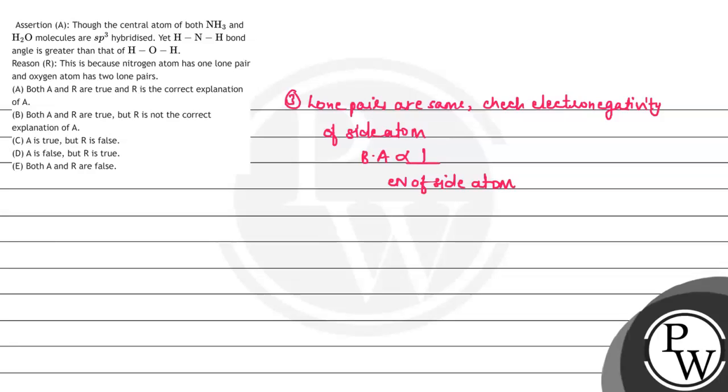Now let's find out for the two that are given. The assertion is that though the central atom of both NH3 and H2O is sp3 hybridized, we have to go for the bond angle of the two. Let's find out for NH3 and H2O simultaneously. First we calculate the hybridization, so we need the steric number. Let's calculate NH3 first. Steric number is half of V plus M minus C plus A. Valence electrons are 5, and the monovalent species are hydrogen, so 3, plus 0 cationic charge and 0 anionic charge.